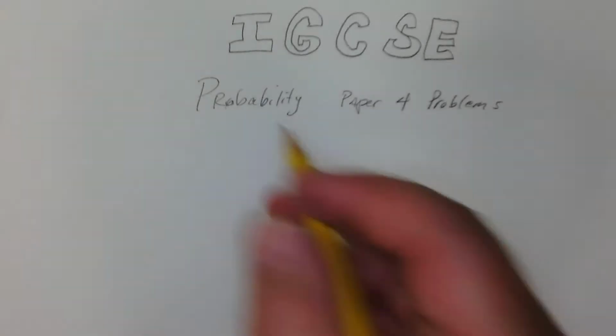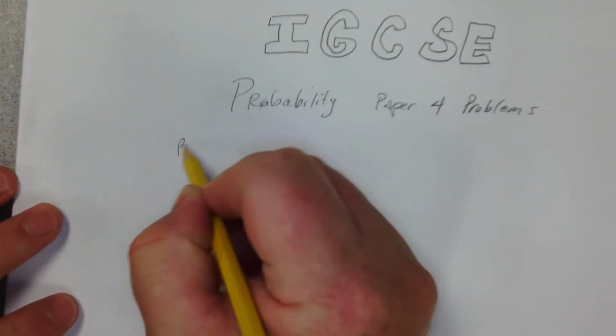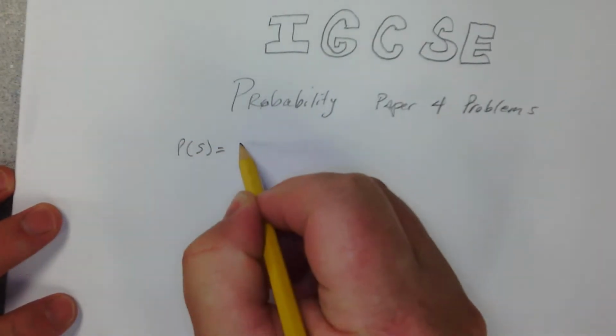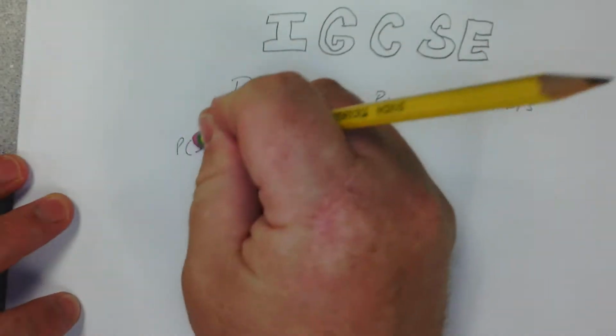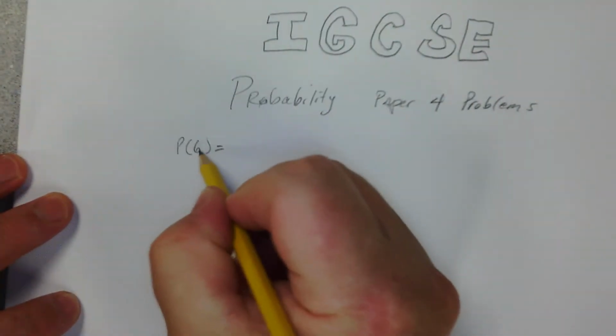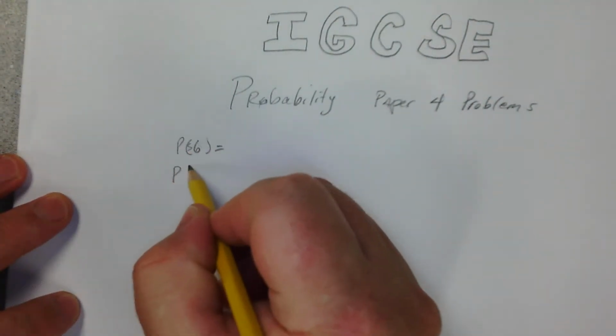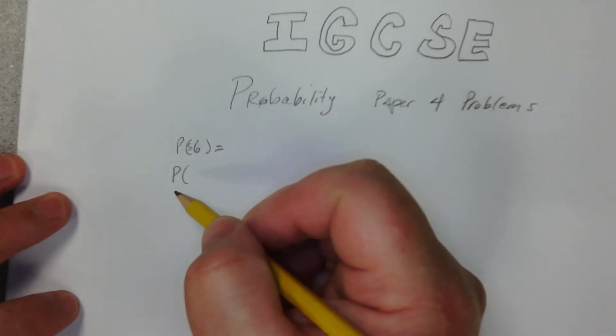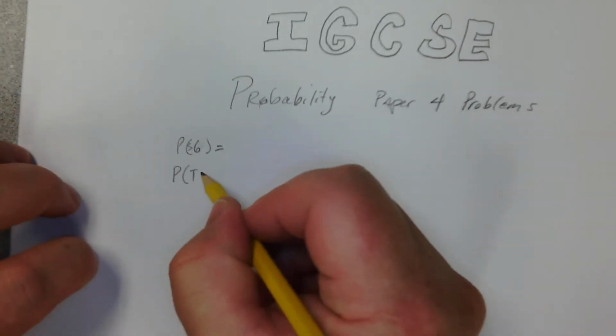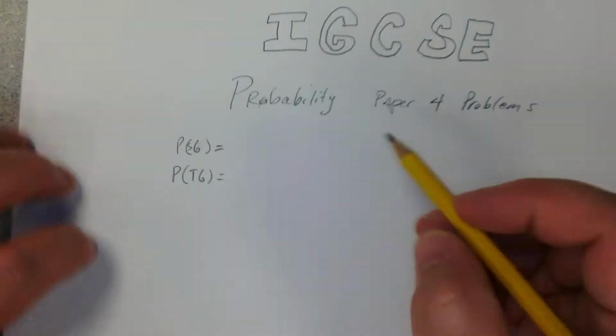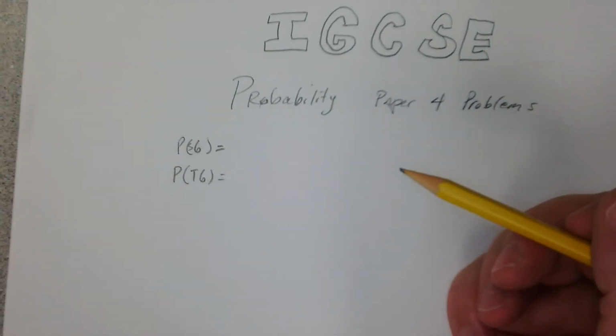Find the probability that they both roll a 6. So we want to find the probability that Sarah rolls a 6, and also the probability that Terry rolls a 6.